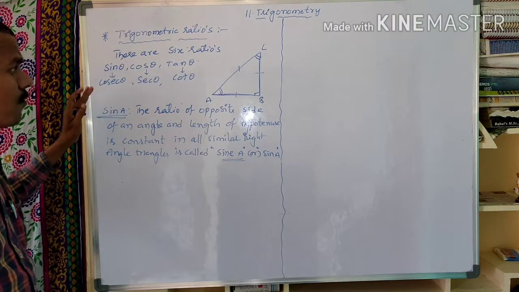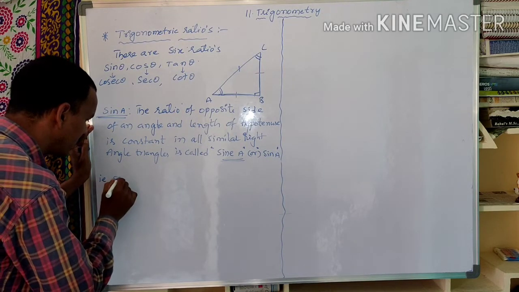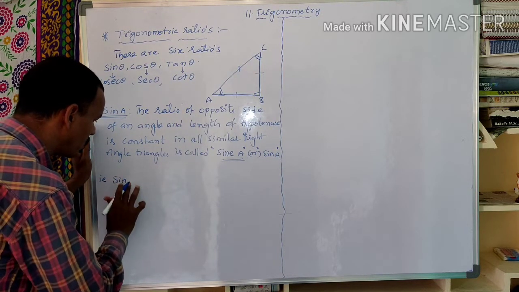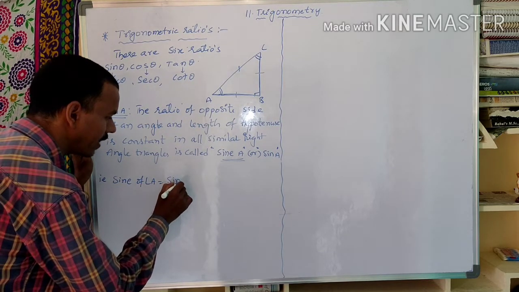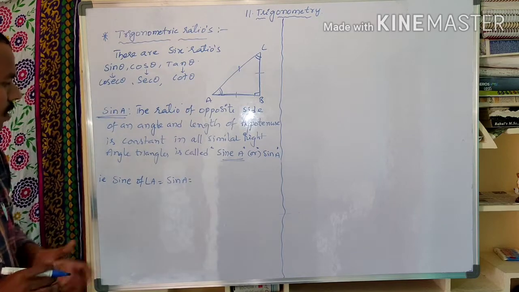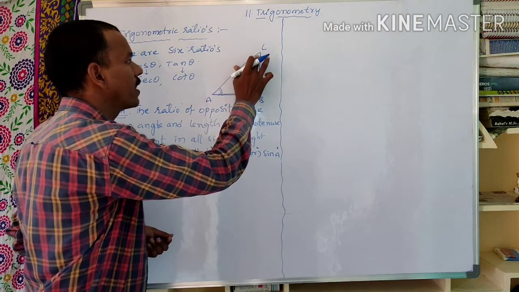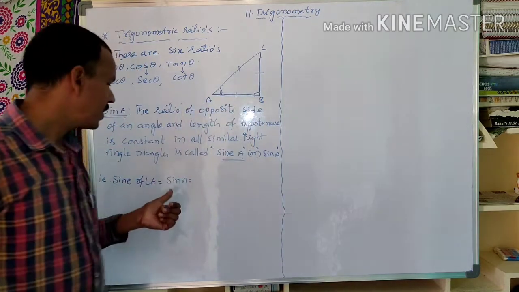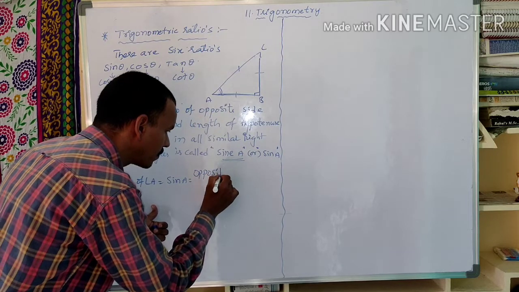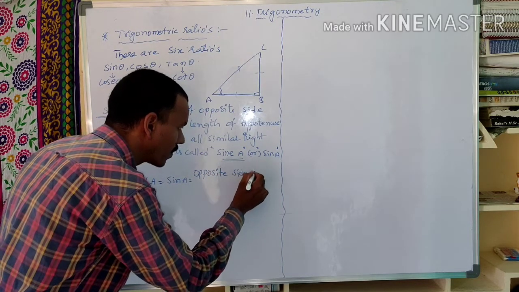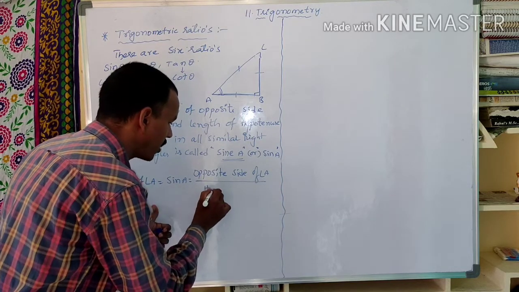So here we have to write sin A, that is, sin of angle A is equal to opposite side of angle A by hypotenuse.